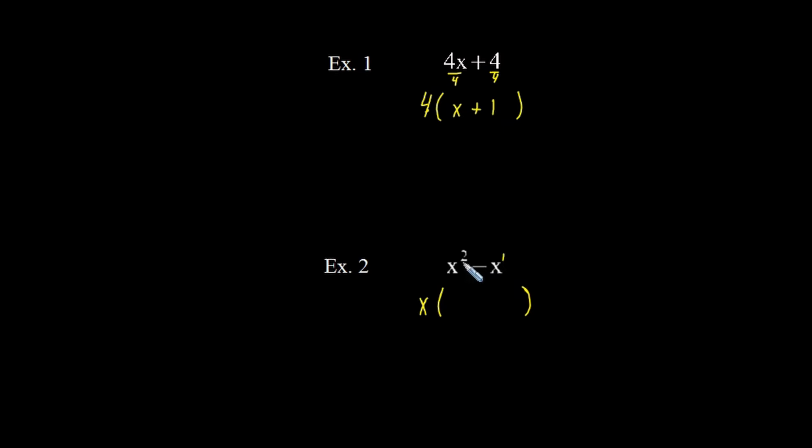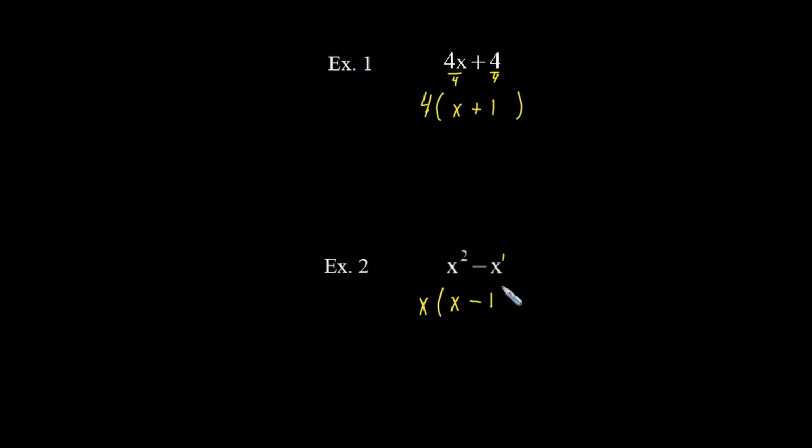So we have an exponent of 2 in the first term and an exponent of 1 in the second term. We can factor out the variable and exponent with the lowest exponent. So here that would be degree 1. So now we'll just divide each term by x, and we'll have x minus 1.